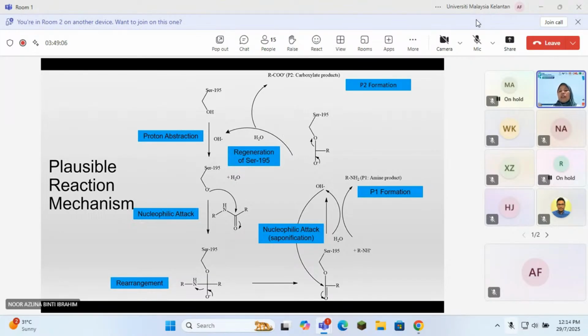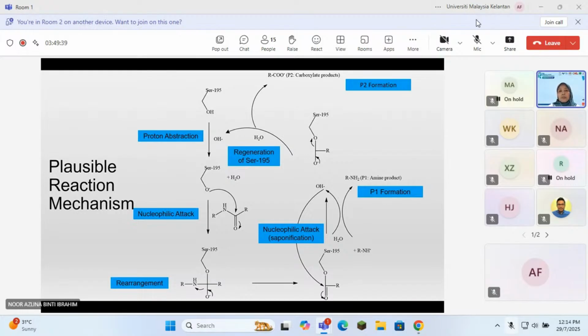Then there are 2 product formations in one cycle of the mechanism or catalytic activity, P1 and P2. P1 is the first formation, which produces the amide product. Meanwhile, P2 formation produces the carboxylate product.